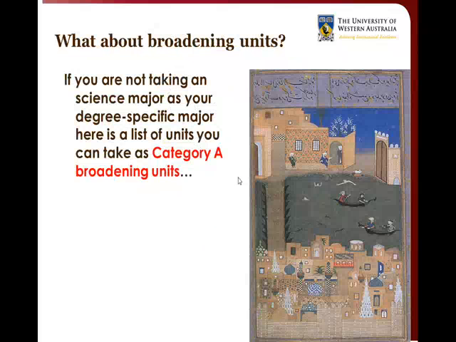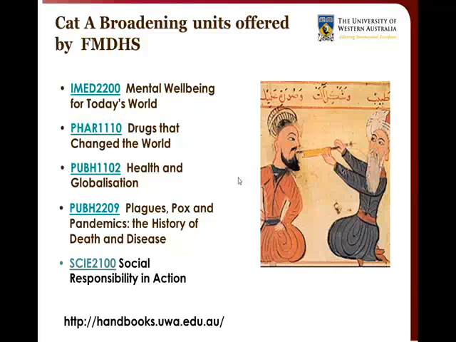Now, what about broadening units? If you're not taking a science major as your degree-specific major, the next 2 slides present a list of units that can be taken as Category A broadening units. And these ones from the Faculty of Medicine, Dentistry and Health Science, we offer 5 Category A broadening units, and of course all of our other units could be taken as Category B broadening units if you weren't doing a Bachelor of Science major as your primary major.